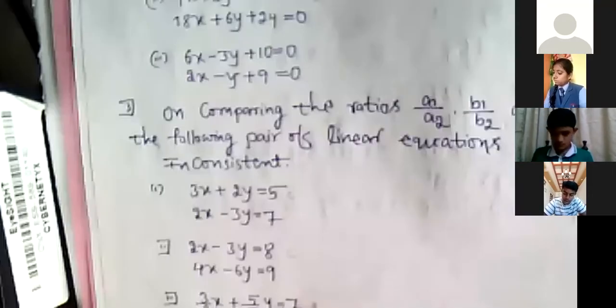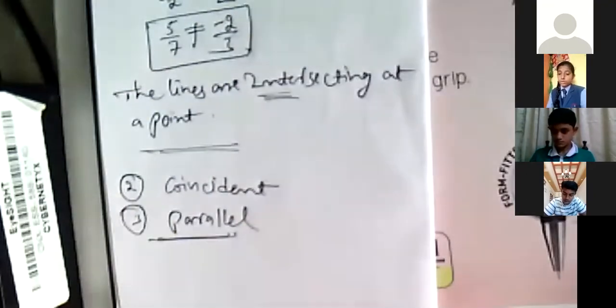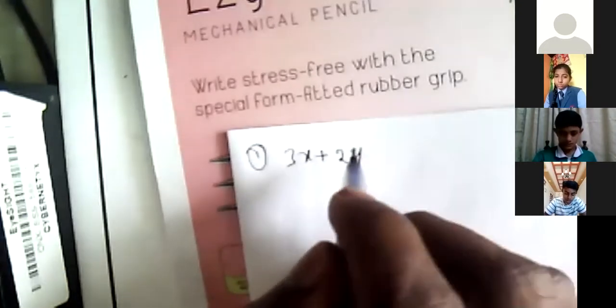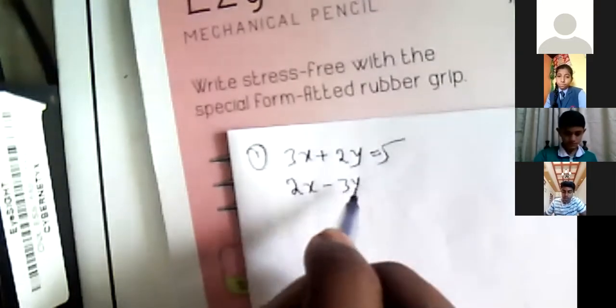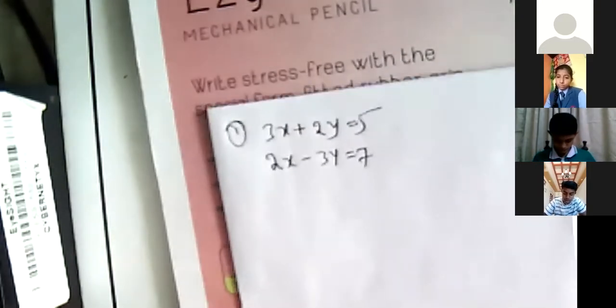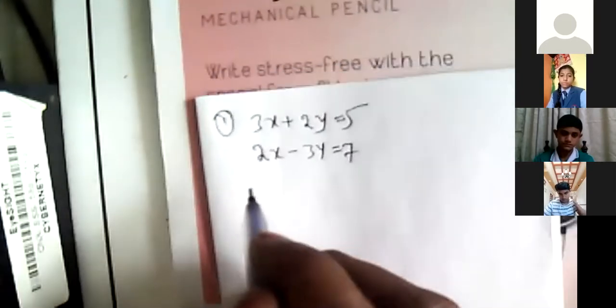Just write the first problem, I will solve it. 3x plus 2y is equal to 5. 2x minus 3y is equal to 7. This is the first problem. And next you can write the solution.